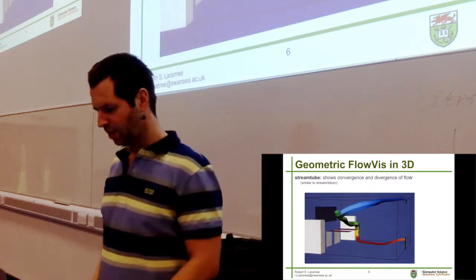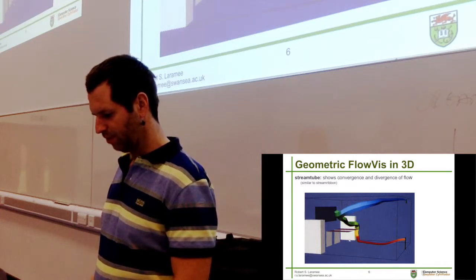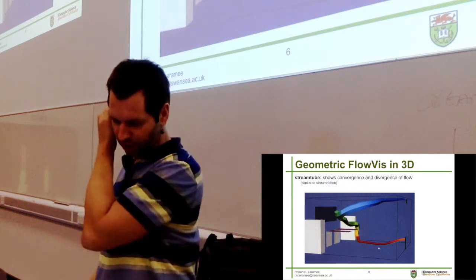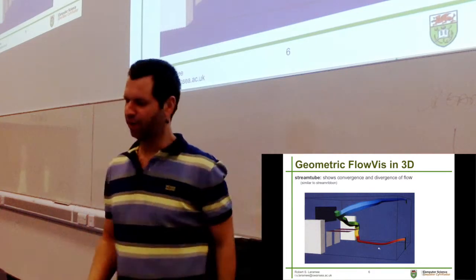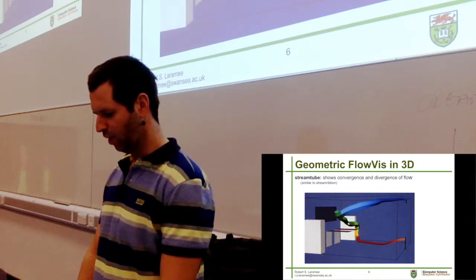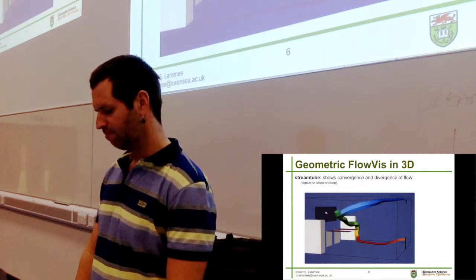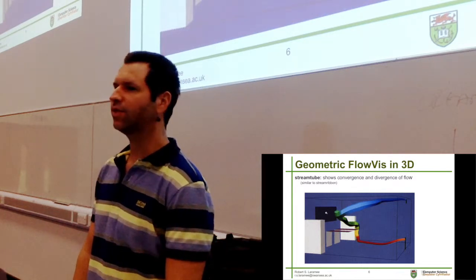So you can see that there are divergent properties in this stream tube and convergent properties as well. This is airflow, simulated airflow in a room, by the way. And that's like simulated kind of doorways into the room. And that's a simulated air ventilation.